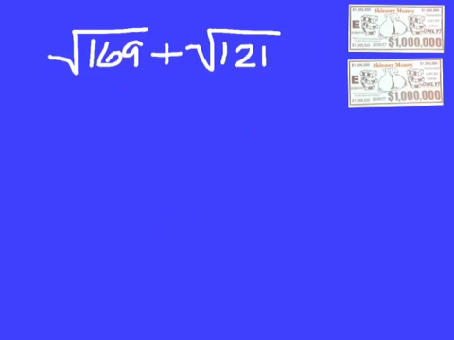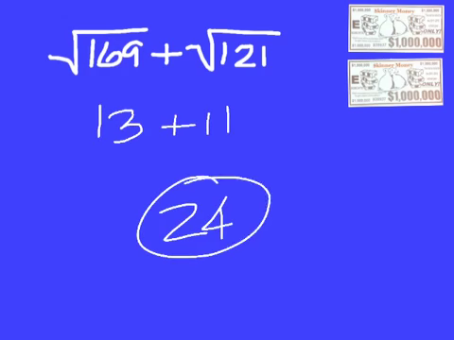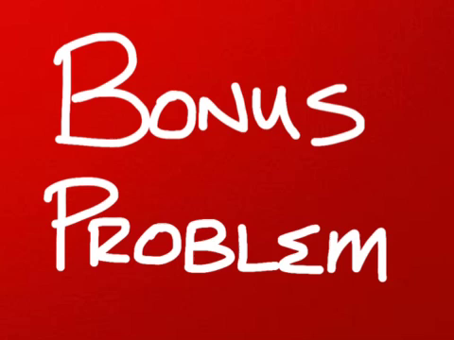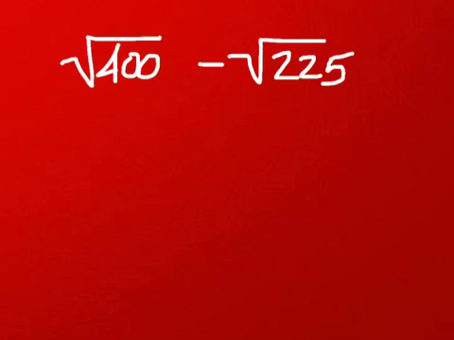Practice problem number 1. This is 13 plus 11, which should be 24. I can't write out the square root of 400 minus the square root of 225.